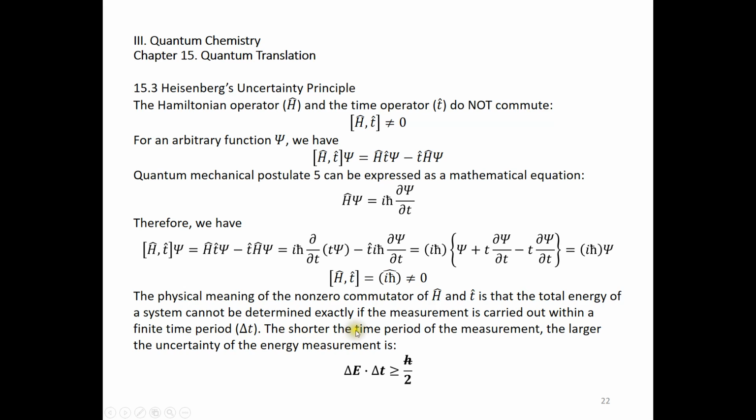The shorter the time period of the measurement, the larger the uncertainty of the energy measurement. We have an inequality expression similar to Heisenberg's uncertainty principle. Over here, delta E times delta t is also greater than or equal to 1/2 h bar. Delta t is the time period of the energy measurement. Delta E is the uncertainty of the energy measurement.